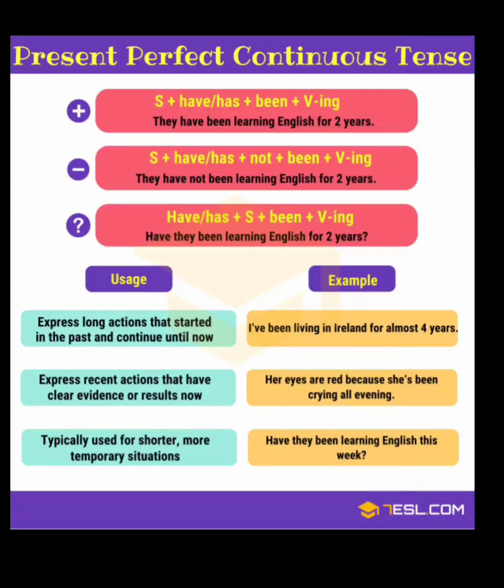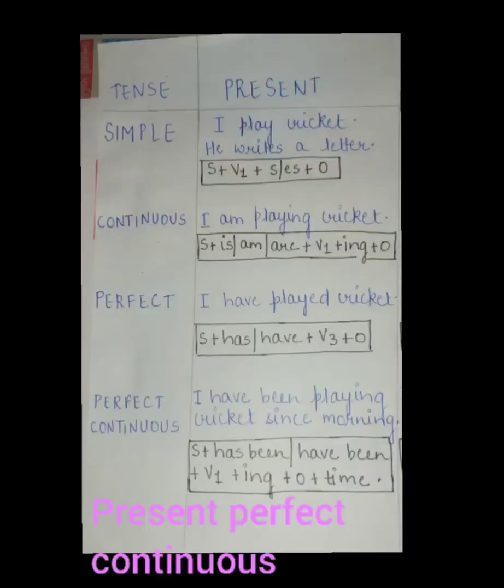So let's see present perfect continuous. So example will be, I have been playing cricket since morning. So here you are highlighting that this action you are continuing since morning. Let's see once again. I have been playing cricket since morning.